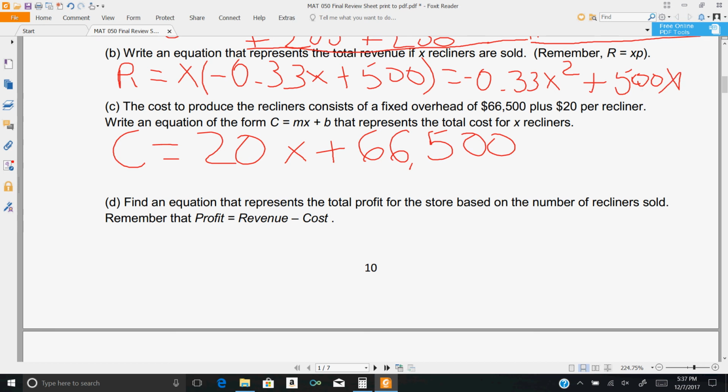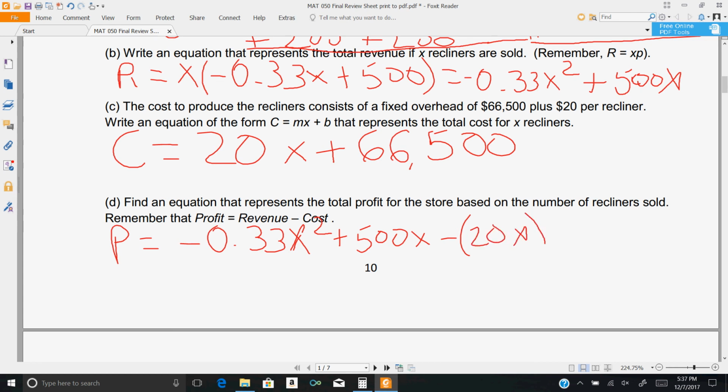So that's going to be my revenue. P equals negative 0.33x squared plus 500x minus the quantity 20x plus 66,500.